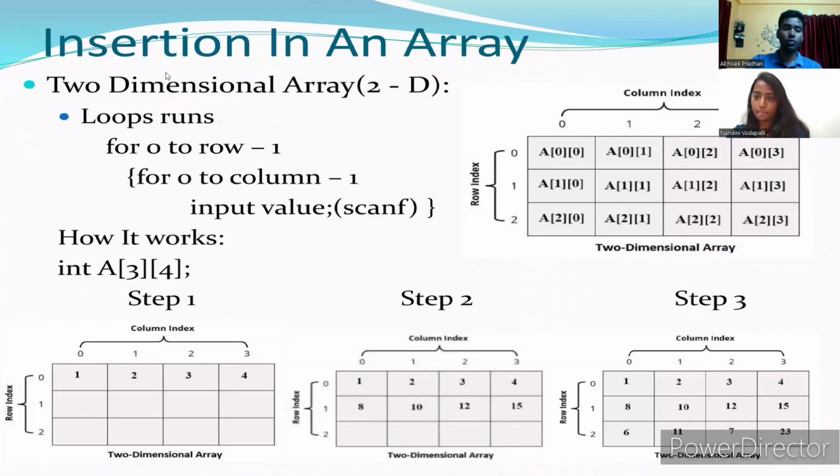So we'll be requiring two variables. So there are two loops: one loop for rows and one loop for columns. You use i to iterate through the rows and j to iterate through the columns.